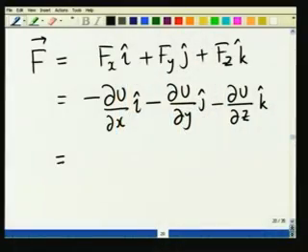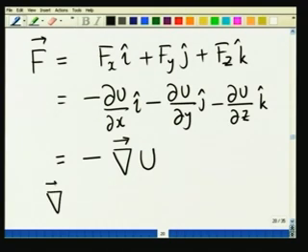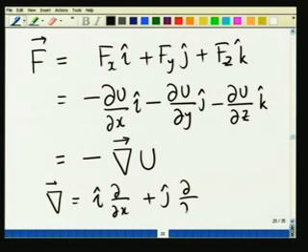And the compact way of writing it is by introducing a new operator called the gradient operator. I am going to write this as minus a vector differential operator acting on u, where I will write this as i partial with respect to x plus j partial with respect to y plus k partial with respect to z.